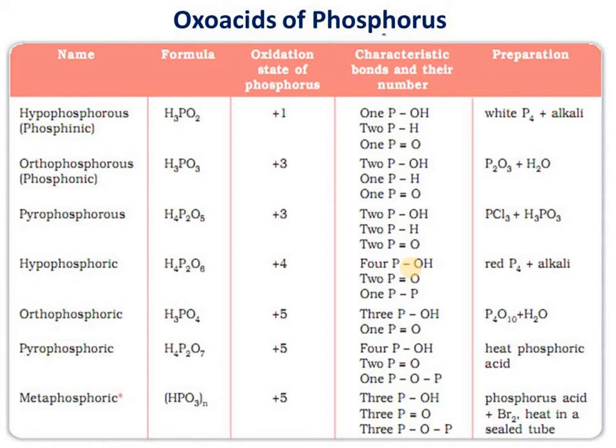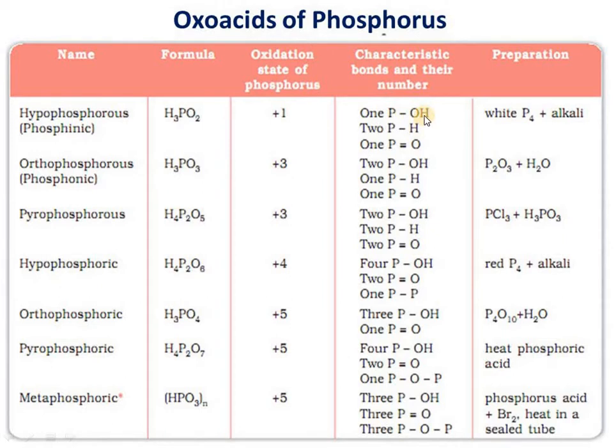Now how to draw these oxoacids? Please try to understand that there are some common bonds, like the P=O bond, phosphorus-oxygen double bond. This is common, every time it will be there. Another common bond is P-OH.